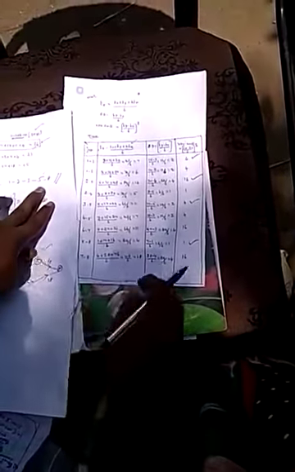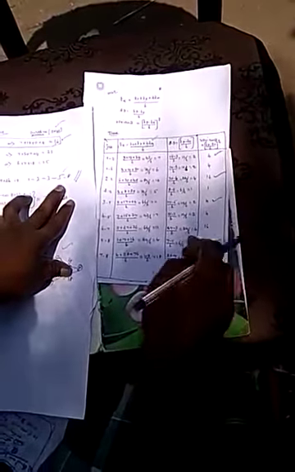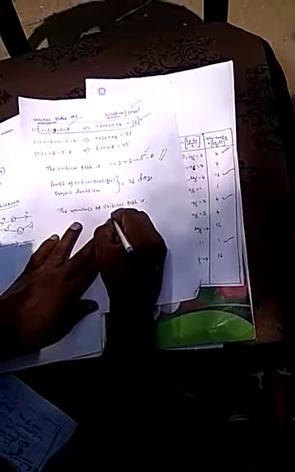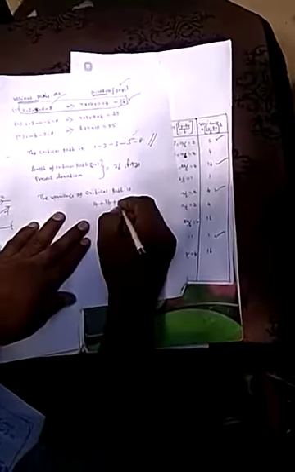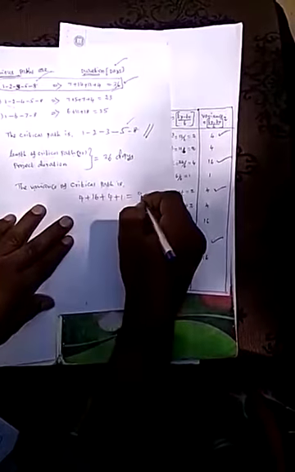Tick. 3 to 5, the variance is 4. Tick. 5 to 8, the variance is 1. Adding these 4 ticked values gives the variance of the critical path: 4 plus 16 plus 4 plus 1 equals 25.